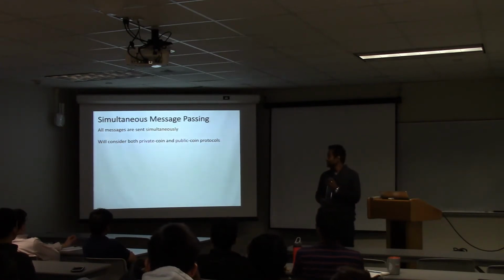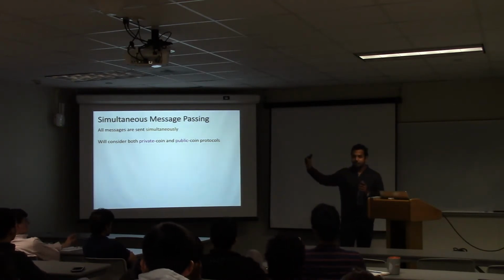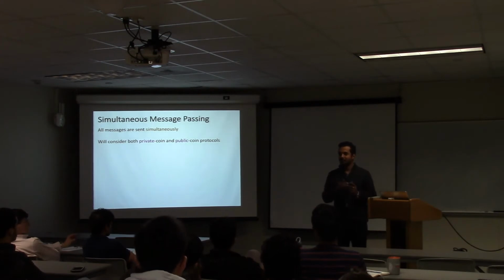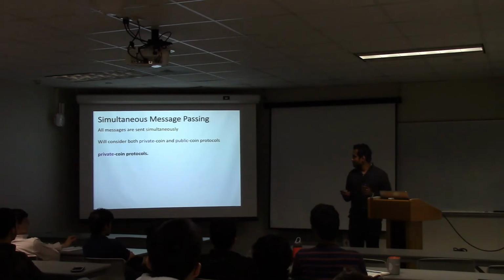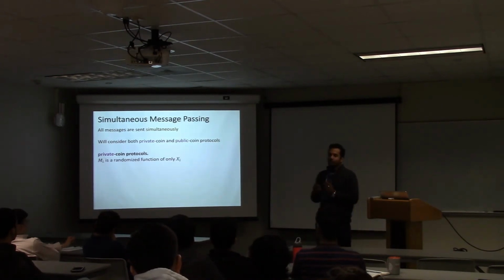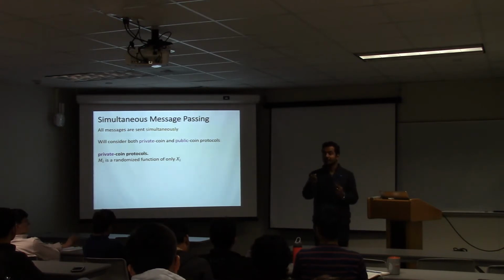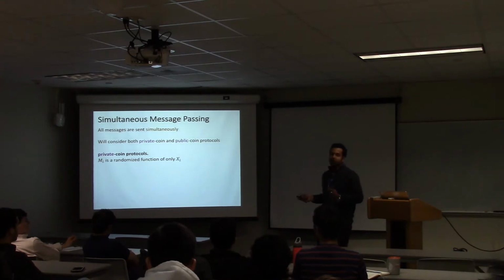However, we are going to consider both the role of private randomness and public randomness. I'm going to spend a few minutes on this in case people are not familiar with it. So we'll consider both private coin and public coin protocols. So what are private coin protocols? Beforehand, we know exactly what each player is going to do, and player i is going to see xi, and then it's going to transmit a random message mi, which is just a function of xi.